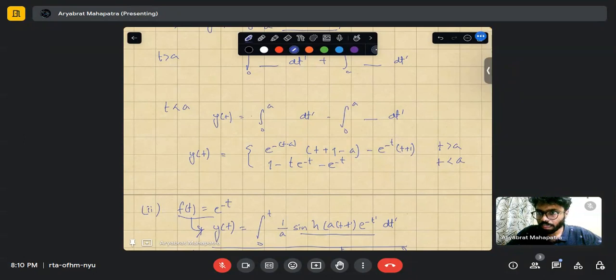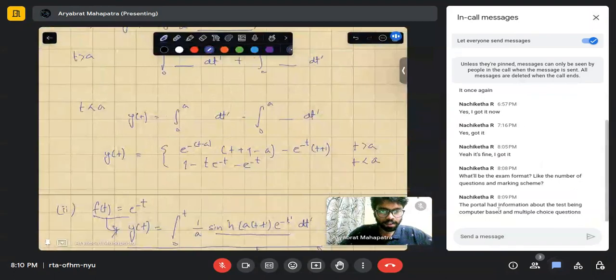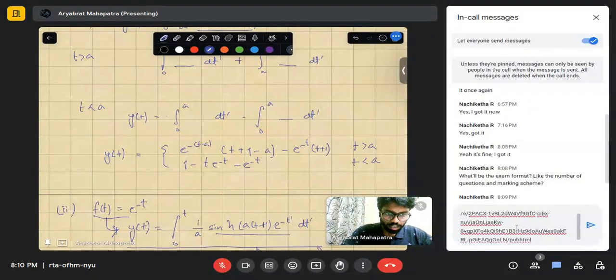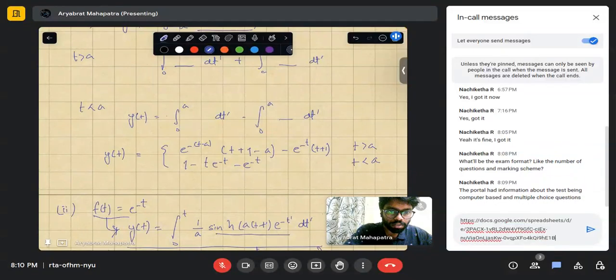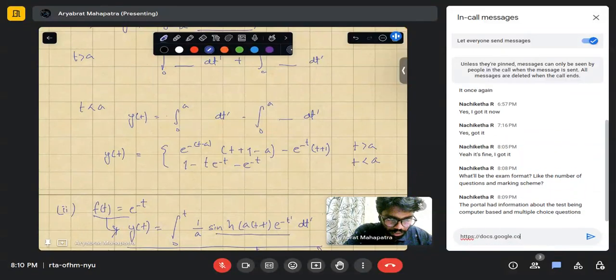This one, online computer test. So you can get the details there. Actually, this link doesn't have much information. The portal had information about testing. Okay, so there is no information about exam format and your number of questions.